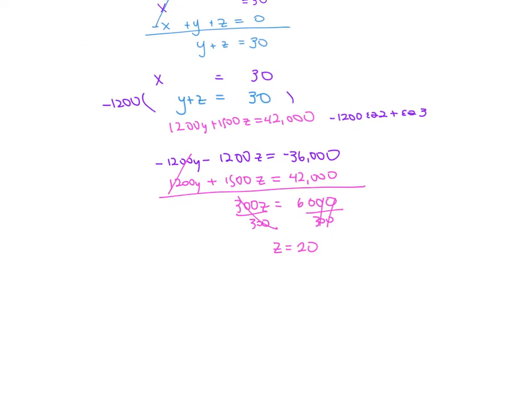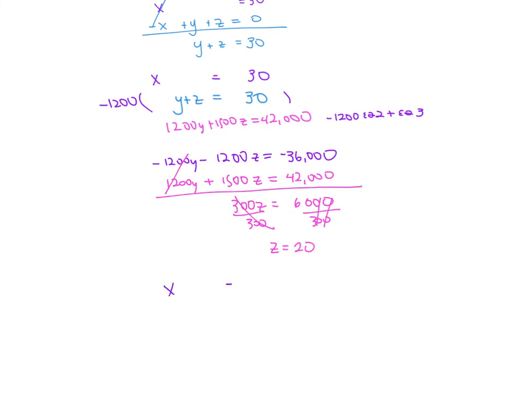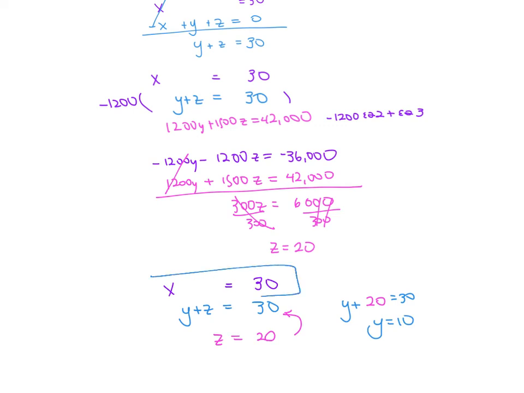Okay, so let's write what we have. We know x is 30. We know y plus z equals 30. And we know z equals 20. So really we can plug in z and find out what y is. If you look at it, you can tell that it's going to be 10. So y plus 20 equals 30, or y equals 10.